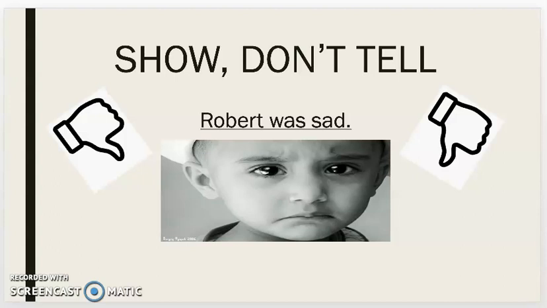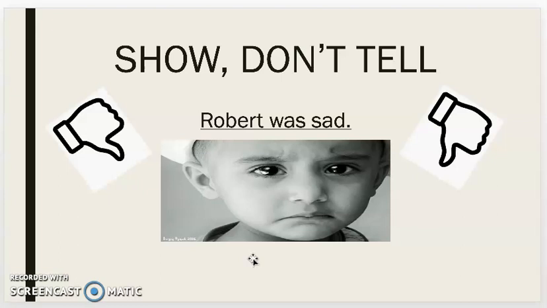Here I have a sentence from my story. Robert was sad. I have my sentence, and here is my picture. Now, I want you all to think, am I telling you how my character feels, or are my words and my sentences showing you how my character feels?